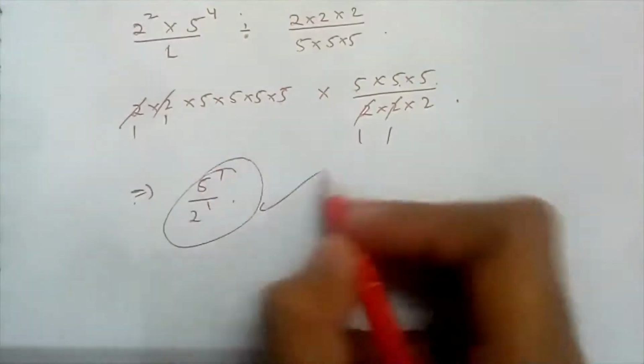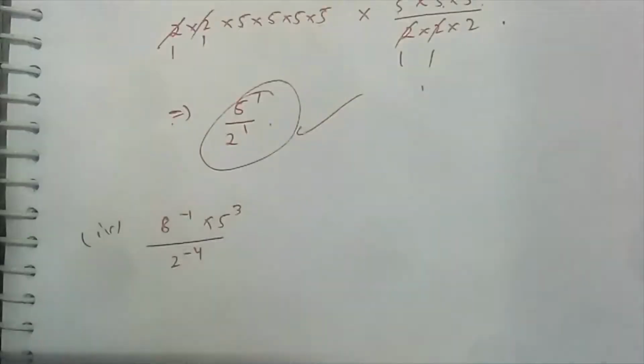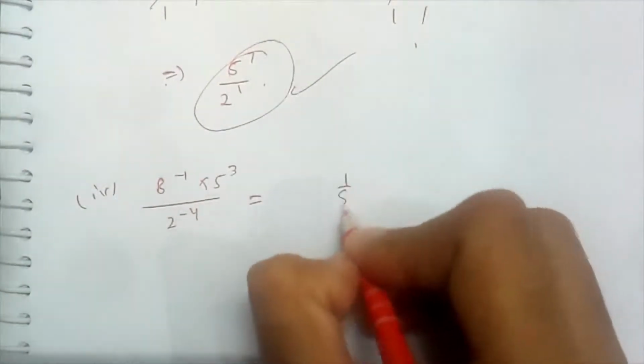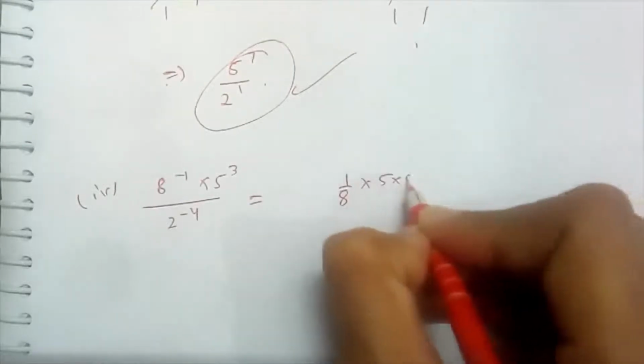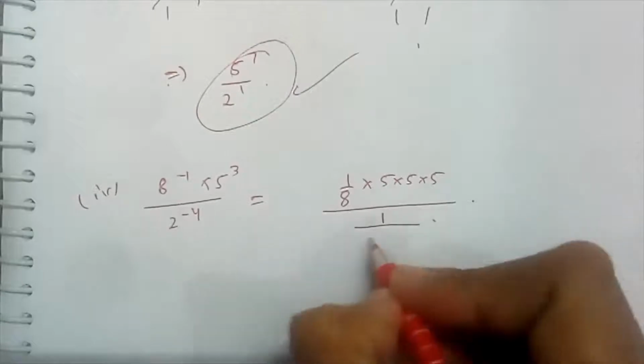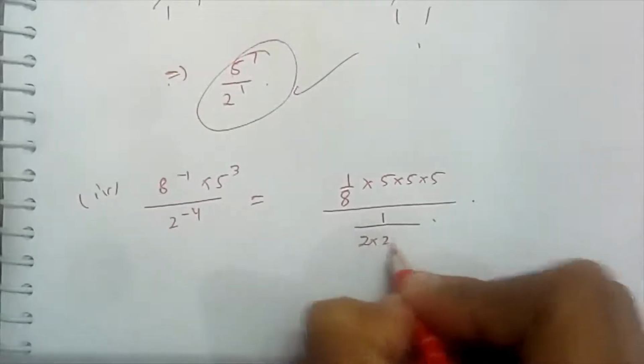Okay, so quickly solving the fourth part of this question, we will write 1 upon 8 into 5 into 5 into 5 upon 1 upon 2 into 2 into 2 into 2.